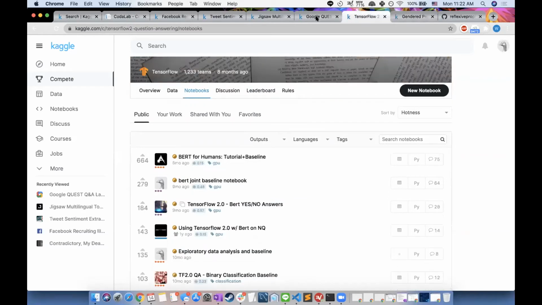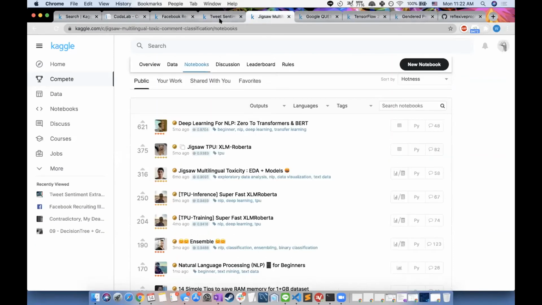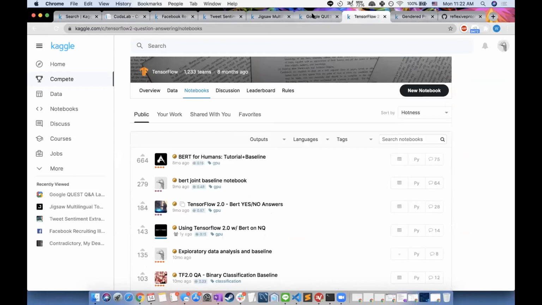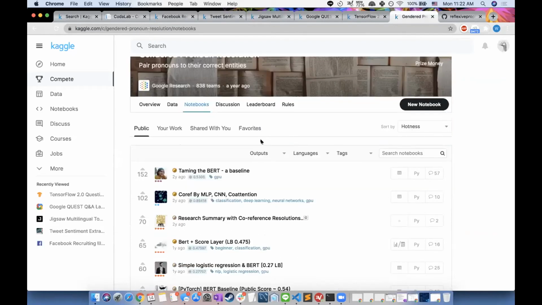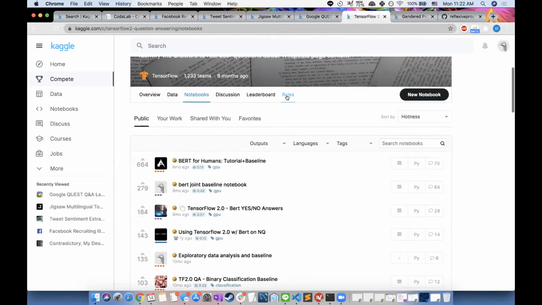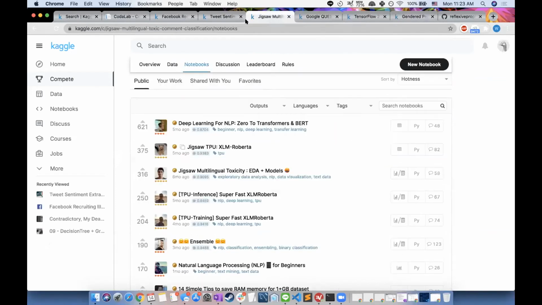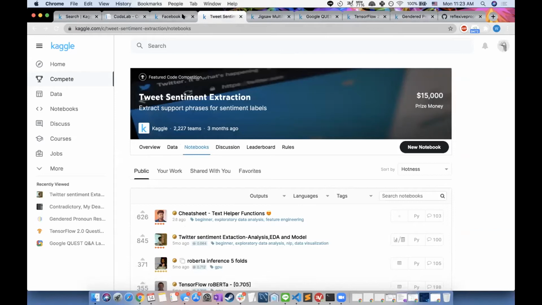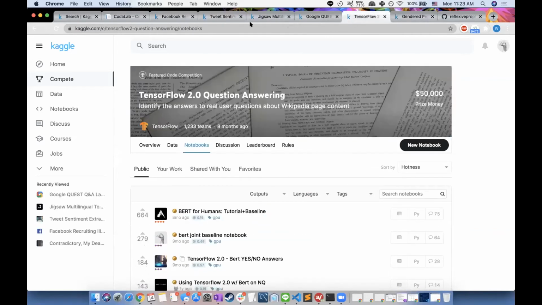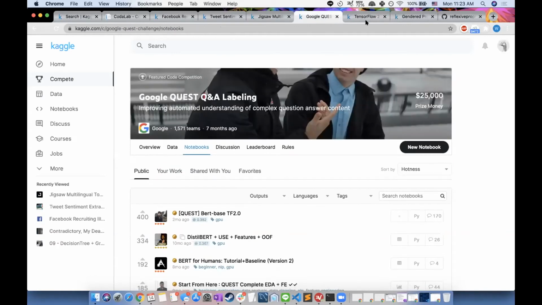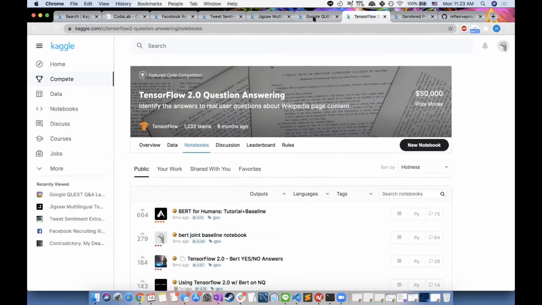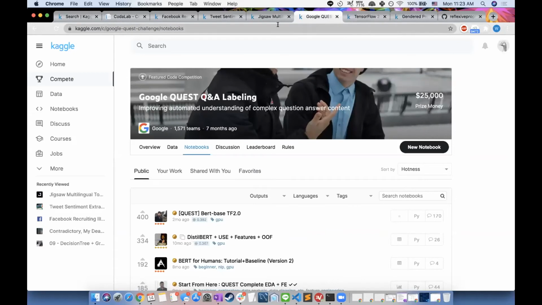Cool. Seems like these four all have great votes on the notebooks. This one has less. So perhaps we'll pick one of these four. And this one, we can pick just one of these two because they're all QA.